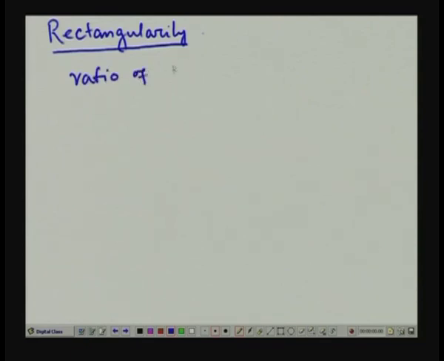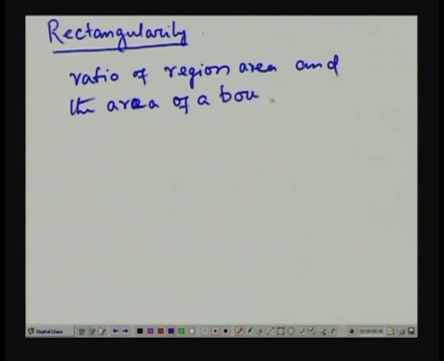of the region area and the area of a bounding rectangle which is maximum.